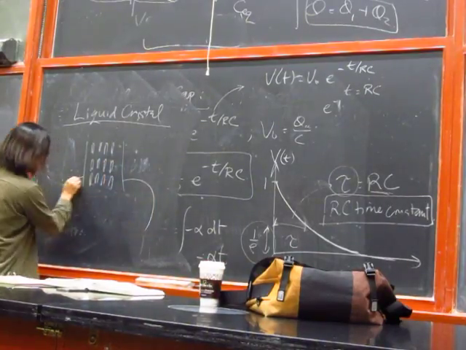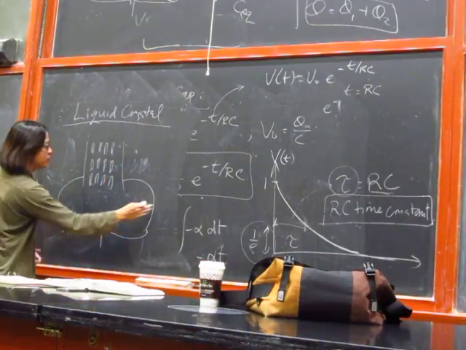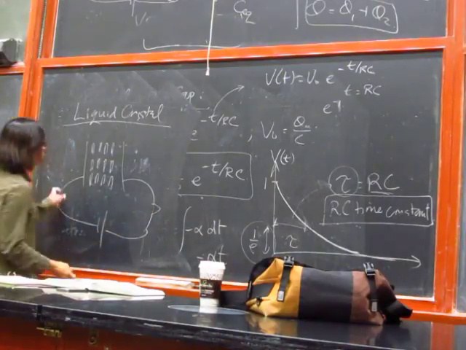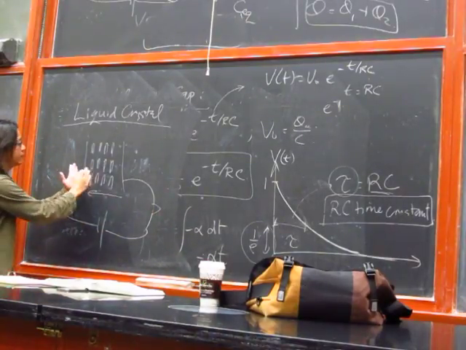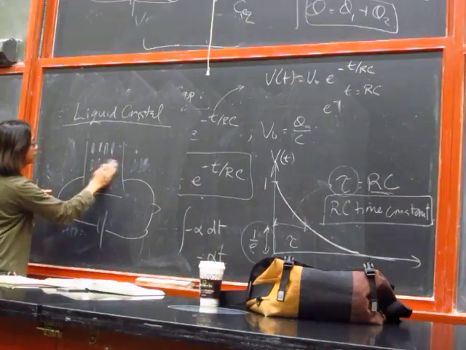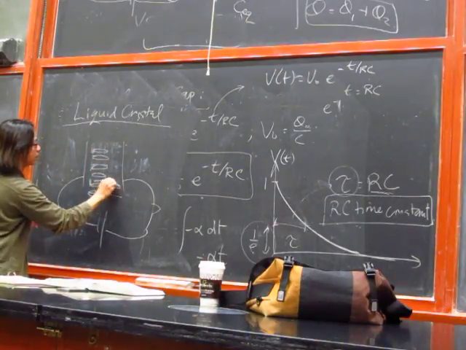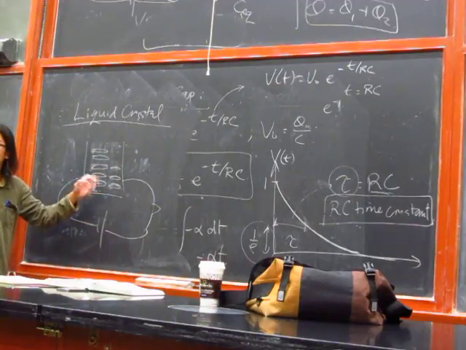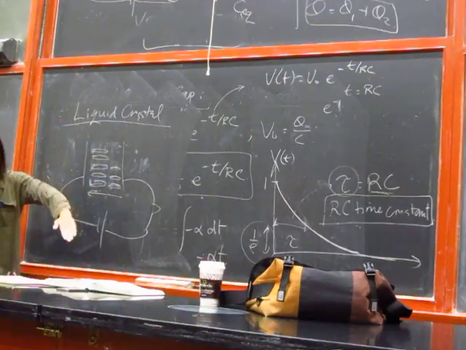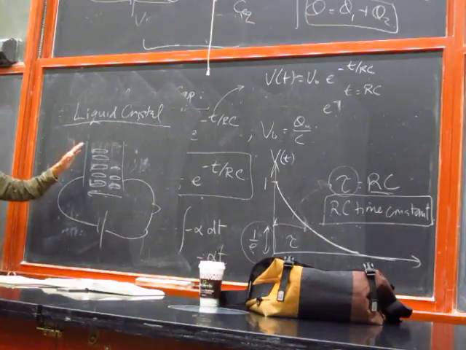When you apply voltage, if you close a circuit and apply a voltage drop here, all these molecules suddenly align themselves like this. The molecule is polar, so applying a voltage makes everything suddenly turn.